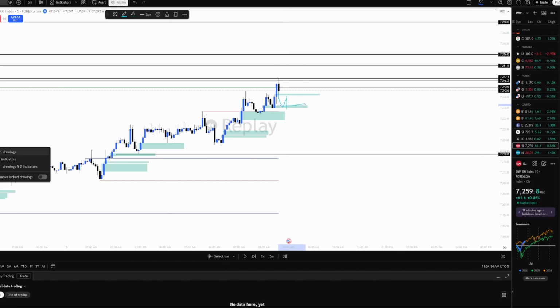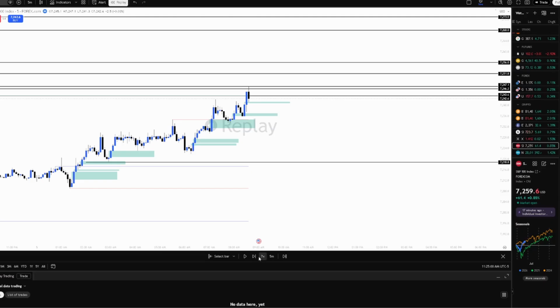That's pretty much what I'm looking for at this moment. And I'll show you the trade that I should have took, but it was kind of bad. So, you know, we get that equilibrium pretty much. And basically I kind of want to just see a gap out of this.